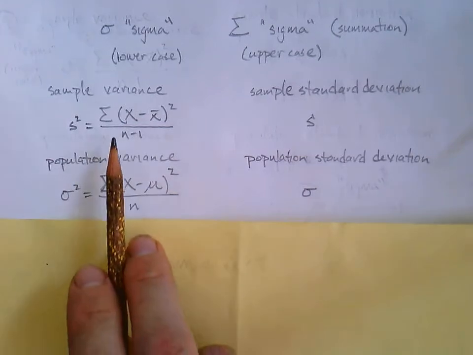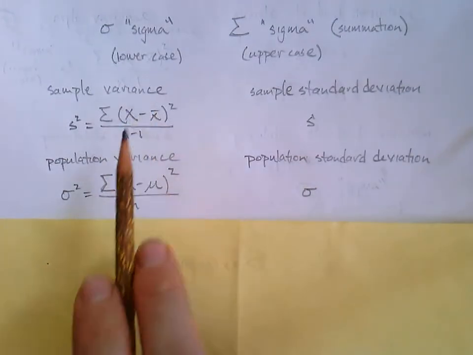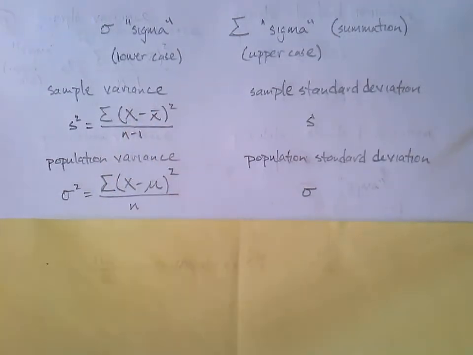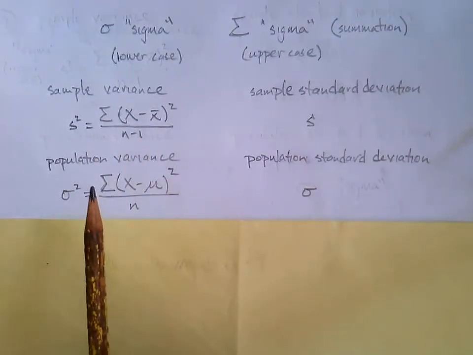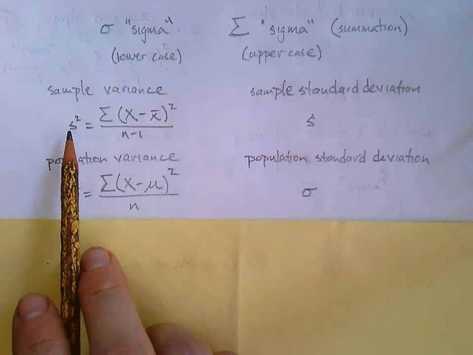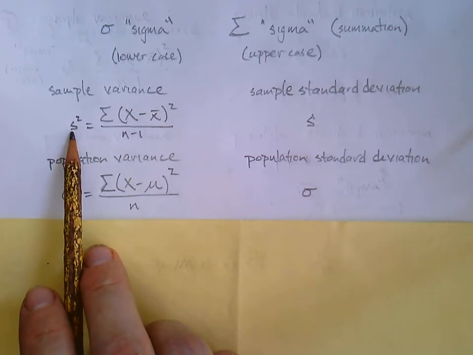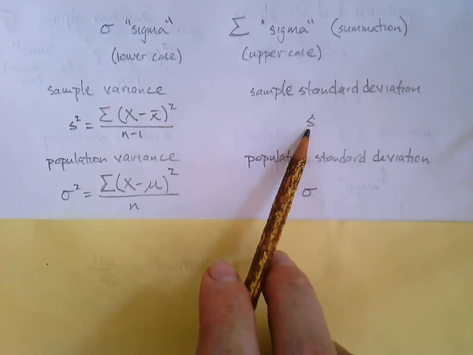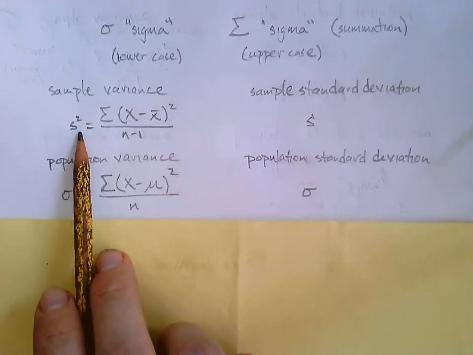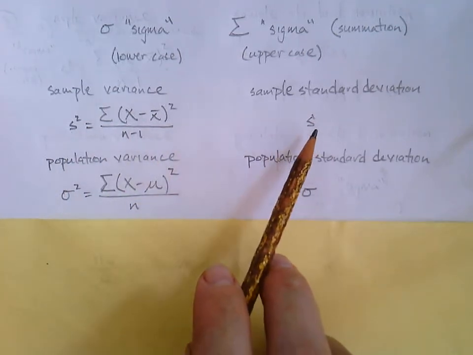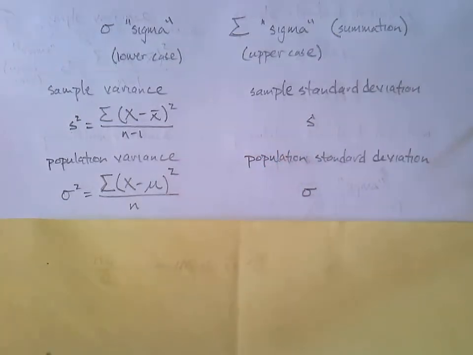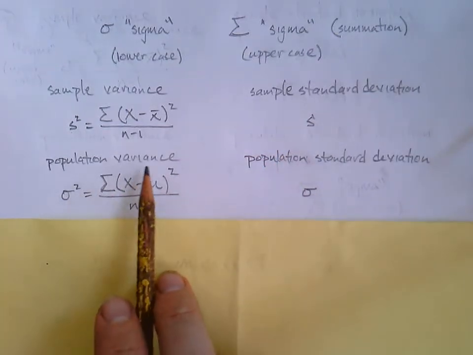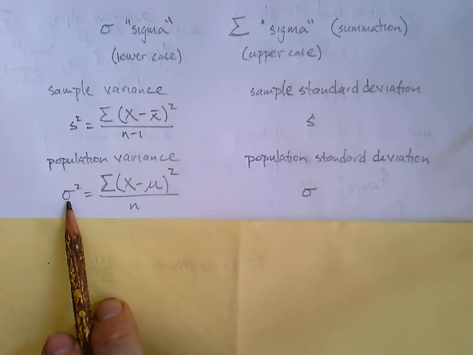Okay, so the first 2 formulas are for the sample variance and the population variance. Let's take a look at these a little bit closer. So we call the sample variance S squared, so that later we can call the sample standard deviation S. Remember, once we have this, it's just a square root to get that. Similarly, for the population variance, we call that sigma squared.